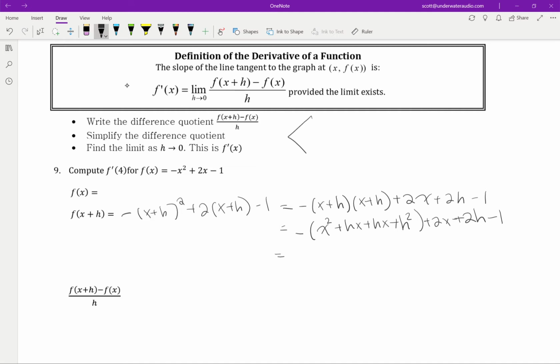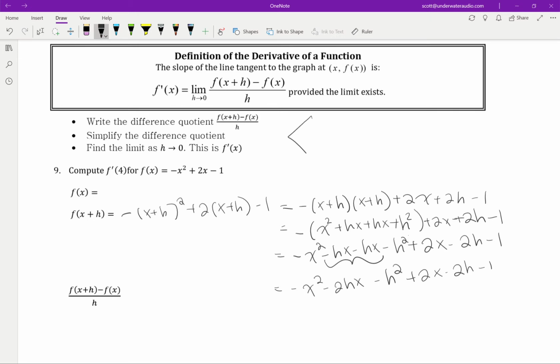Multiply that negative out: negative x squared minus hx minus hx minus h squared plus 2x plus 2h minus 1. And then I can combine those two: minus x squared minus 2hx minus h squared plus 2x plus 2h minus 1.